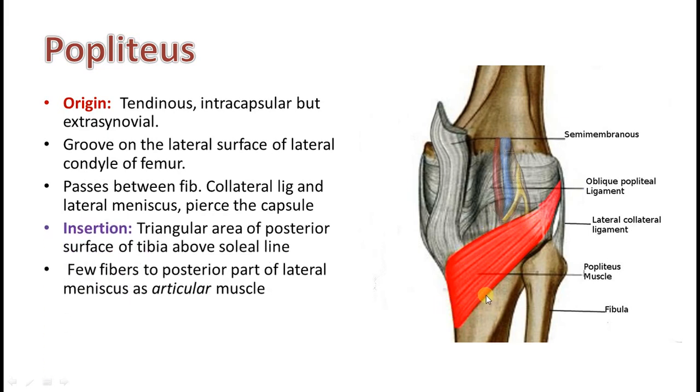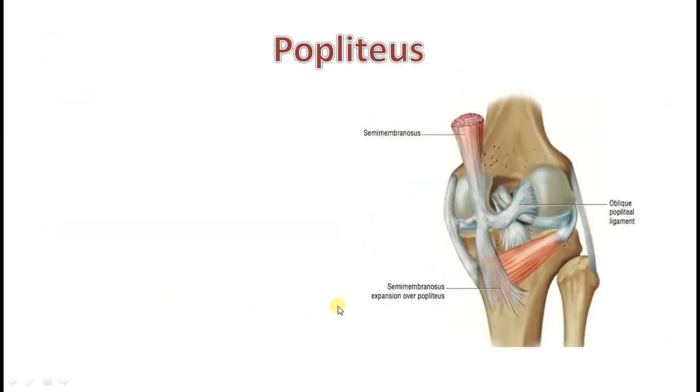The insertion is into the triangular area on the posterior surface of the tibia above the soleal line. Here you see the soleal line where the soleus muscle originates. Above the soleal line, posterior surface. Some of the muscle fibers also get inserted into the lateral meniscus. Okay, a few fibers go to the lateral meniscus, and this is called the articular muscle.